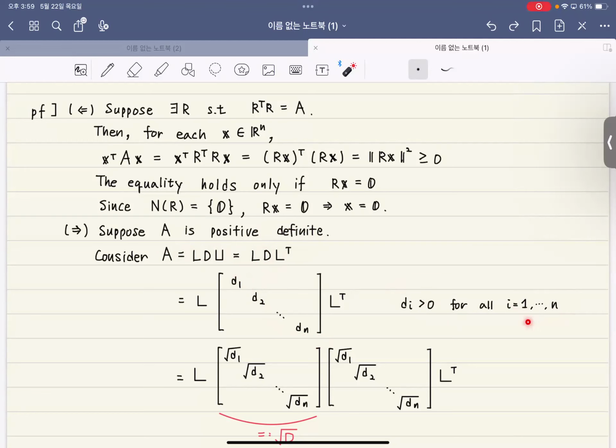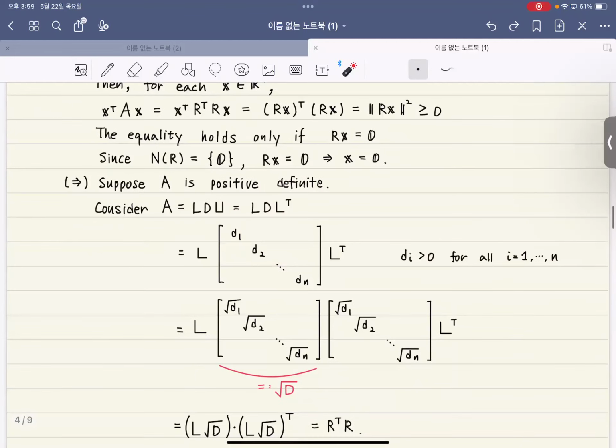Now, I want to do something crazy to this middle matrix. I just want to factorize this middle matrix as this guy times that. This is another diagonal matrix, whose diagonal entries are obtained by taking the square root of these diagonal entries, right? Then this guy can be written as the product of these two matrices.